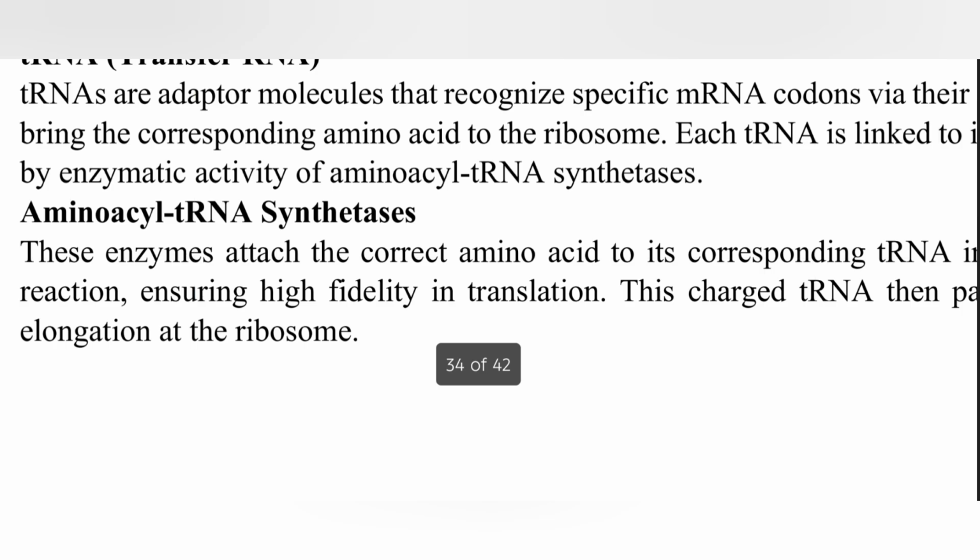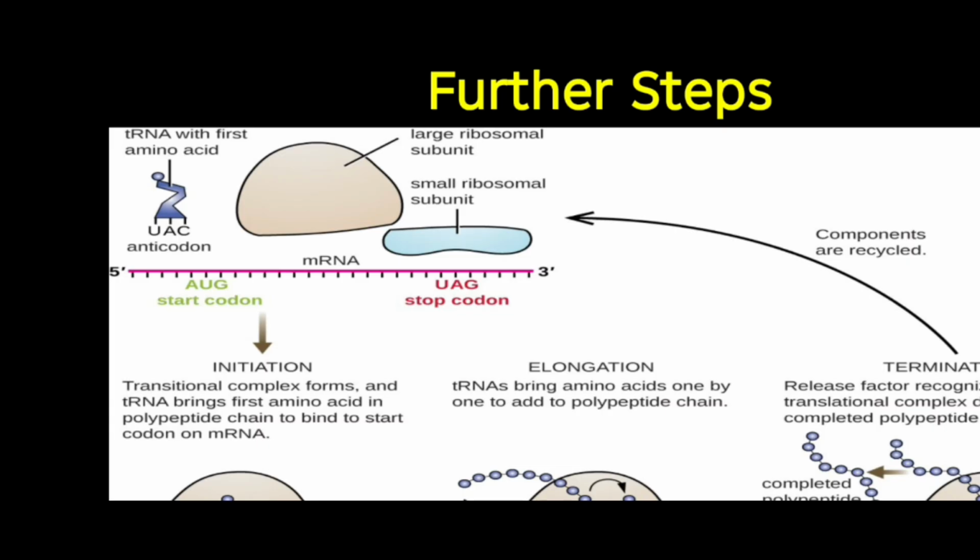So the tRNA has the anticodon portion that will recognize and bind with those messenger RNA codons on the small ribosomal subunit, and also they will bring the amino acids for those codons. So these are the basic components required for protein synthesis.